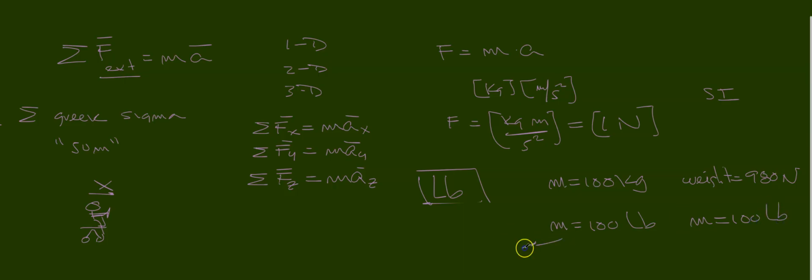In reality, the unit for mass in the British system is the slug, but nobody uses it. Now, another difference is if I'm on Earth, I have 100 kilograms of mass, 980 newtons of weight. If I go to Mars, I still have 100 kilograms of mass, but a different weight because gravity is different. If you try to do this in the British system, good luck. I'm not even going to go there.